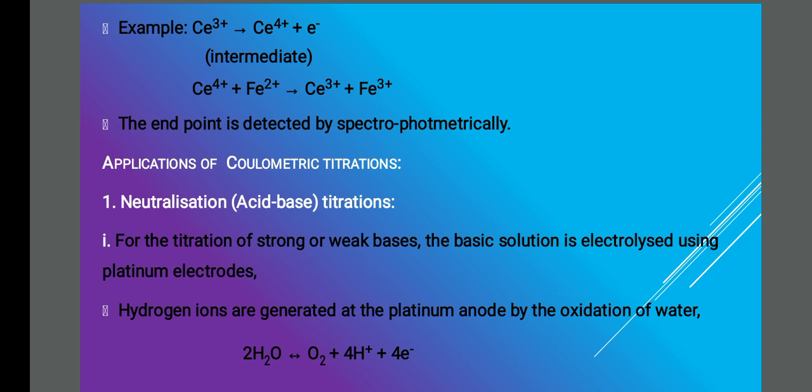Our substance is nothing but Fe2+. Ferrous ion will react and that will give you ferric ion, Ce3+ and Fe3+, and the end point is detected in this method spectrophotometrically. Is it okay? So I'll repeat this method once again.